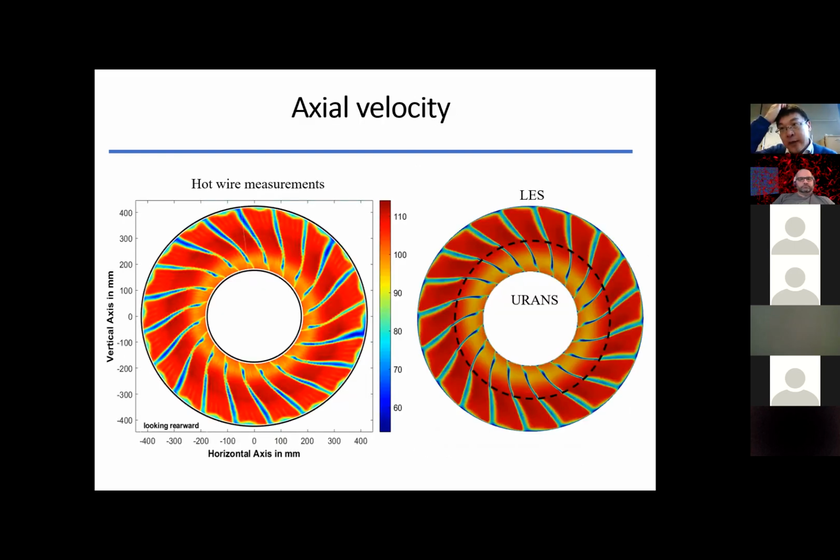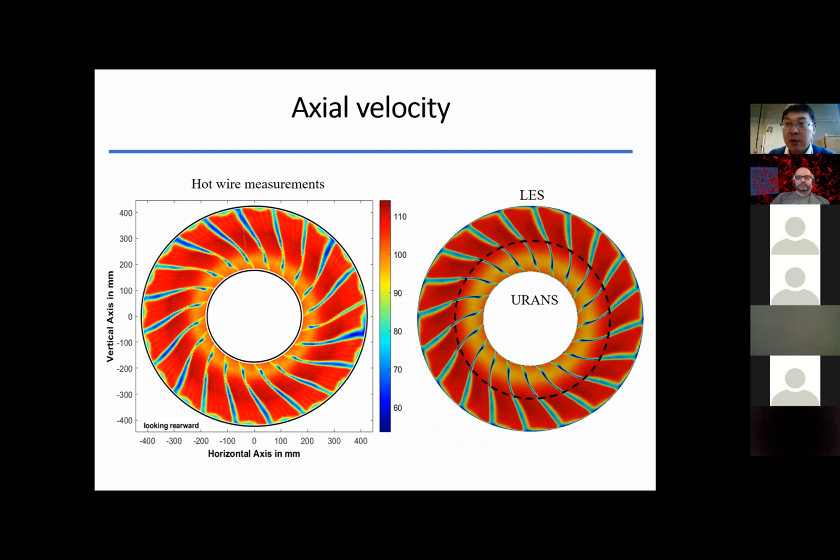So first we compare our result quantitatively with the experiment. In the experiment, you can see a large variation from passage to passage. That comes from many reasons.